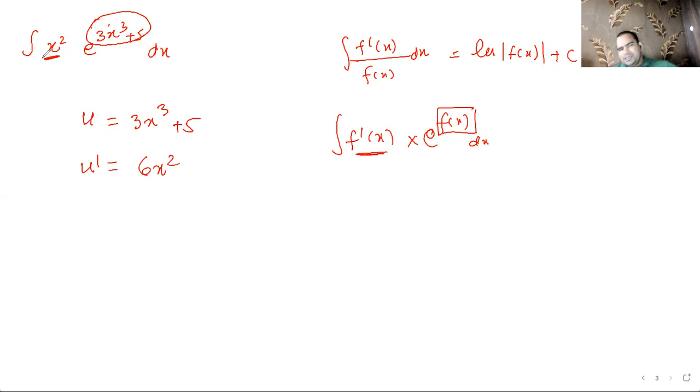For example, u is 3x cubed plus 5, the derivative is 6x squared. At least I have x squared here. It's okay if you don't have the exact derivative; even if you have the variable, that should work.